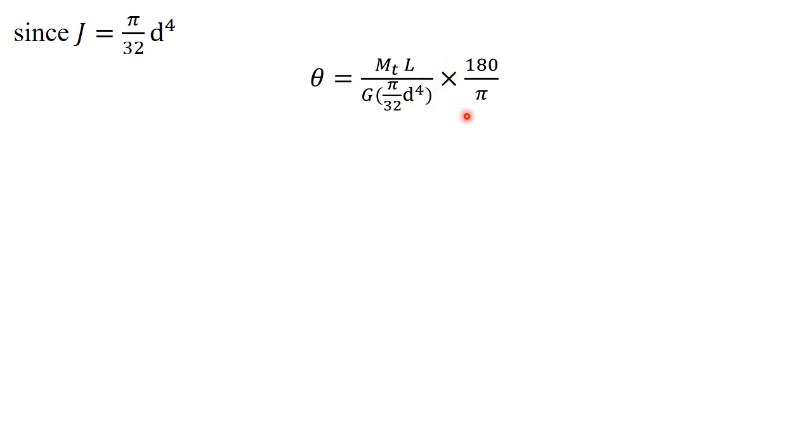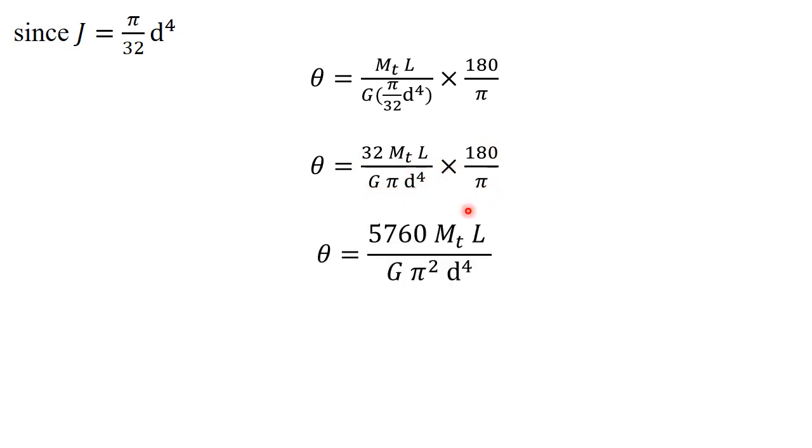So after simplification, theta is equal to 32 mtl divided by g pi d to the power 4 into 180 by pi. Multiplying 32 and 180, and pi square, this is also pi, this is also pi, so you get theta is equal to 5760 mtl divided by g pi square d to the power 4.